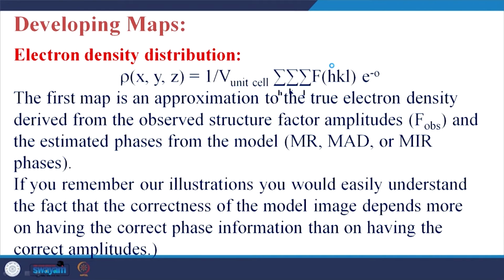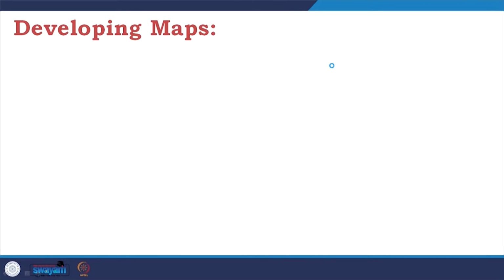If you remember our illustrations, you would easily understand the fact that the correctness of the model image depends more on having the correct phase information than on having the correct amplitude. Remember the cat experiment, right? Cat and duck.